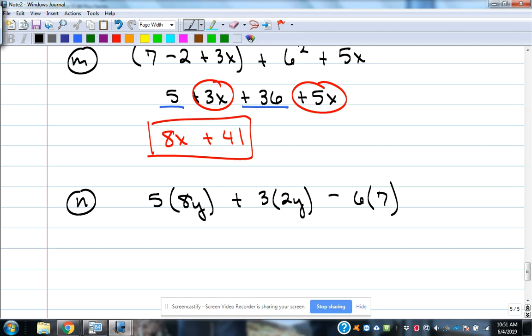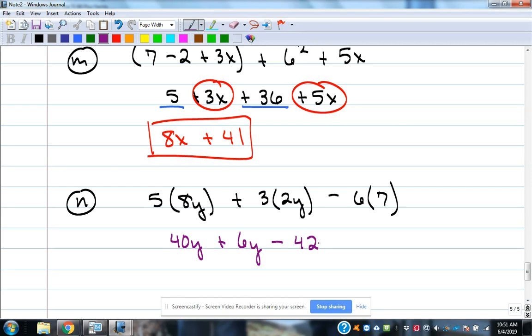A lot of multiplication in that problem. So order of operations tells us, okay, do parentheses, exponents, multiplication, division left to right, and then addition and subtraction last. So we're going to do that multiplication. 5 times 8y, 40y, 3 times 2y, 6y, and then 6 times 7, 42. And then we're going to do the addition and subtraction.